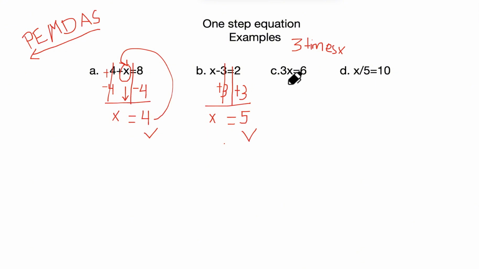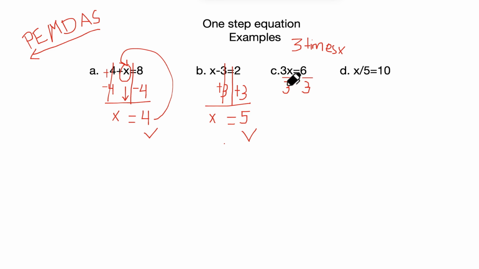So what's the opposite of times? The opposite of times is division. So I'm going to divide both sides by 3.